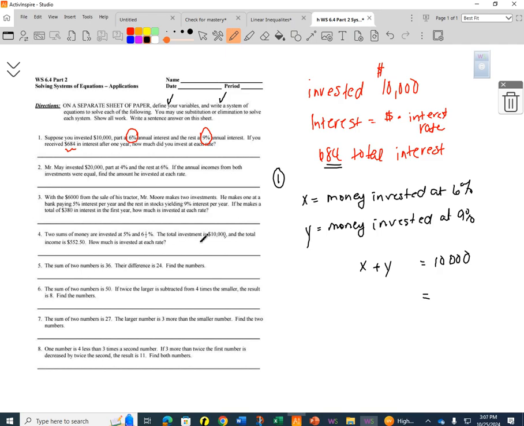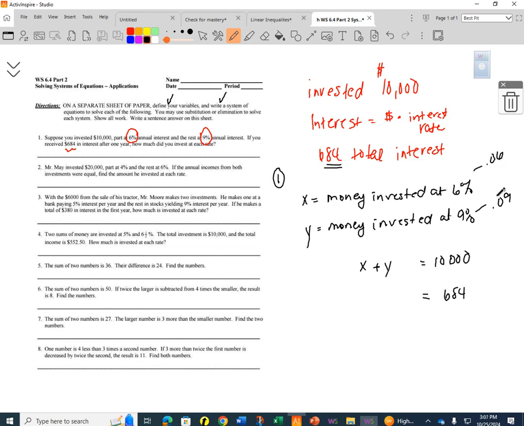Now, the interest, it says you received interest of $684. So that is our total interest, so that equals $684. Now the trick is here, we have to know our interest rate times the amount of money we invested. The first thing we have to remember is you have to write this as a decimal when you're using it in equations. So if you forget how to do this, just drop the percent sign and divide 6 by 100, and on your calculator you'll see that. You should probably be able to do that by now, but no biggie if that's confusing.